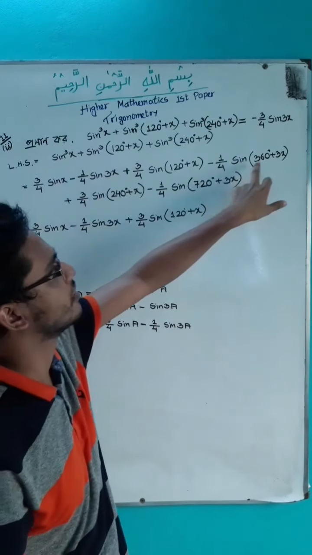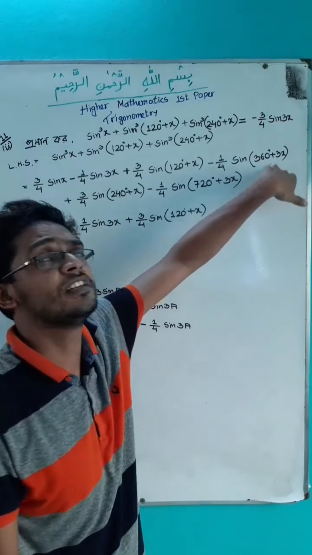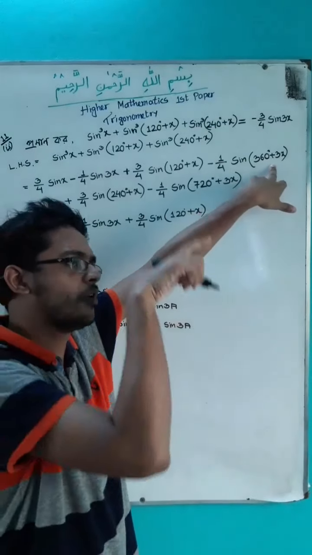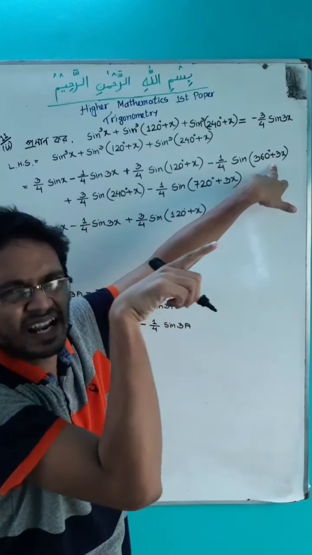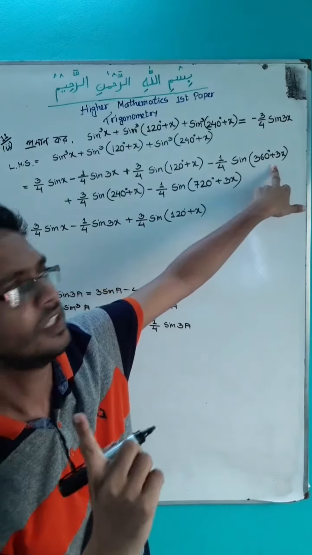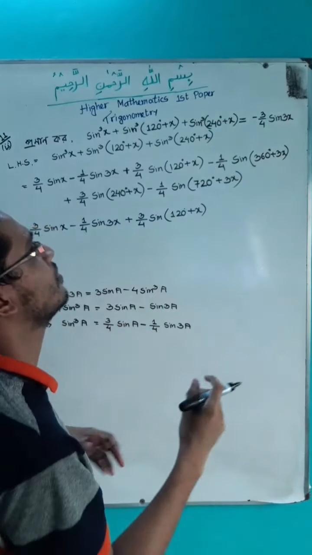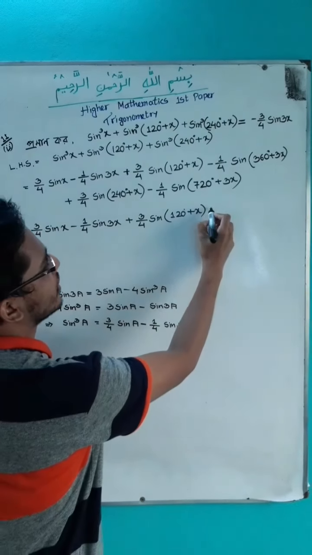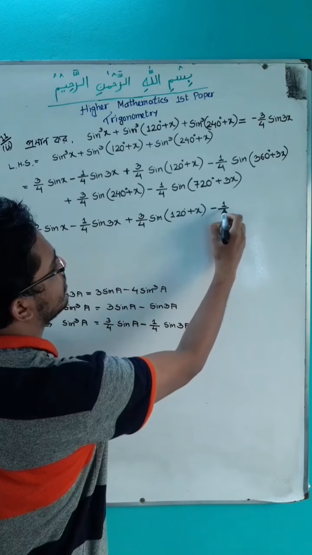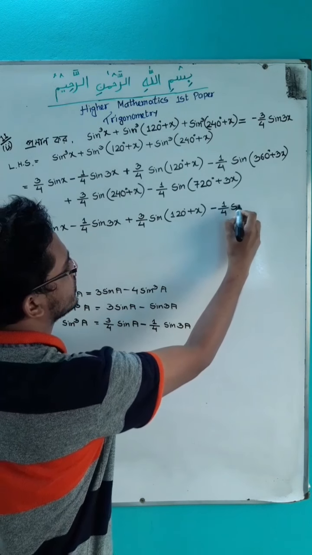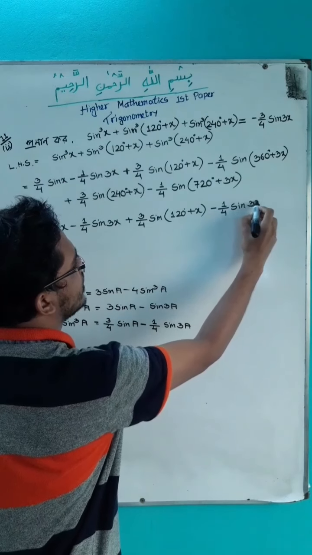Now here sin (360 degree plus theta), one full rotation will lead us to the first quadrant. In the first quadrant all is positive. That means this will be only sin 3x minus 1 by 4 sin 3x.